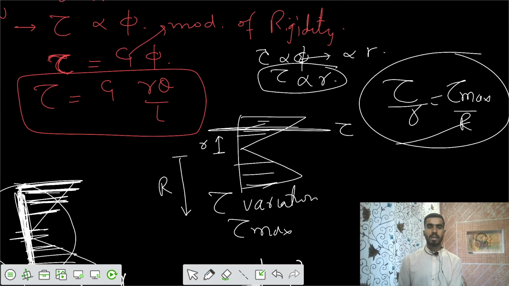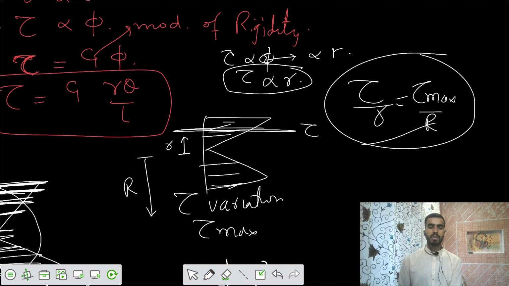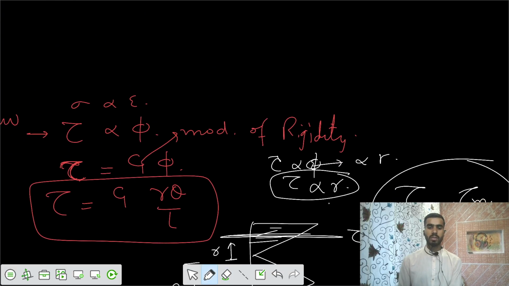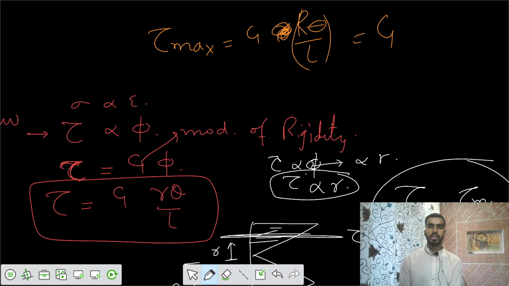Now one more thing: we got the value of tau equals G times r theta by l. So what is the value of tau max? Tau max equals G times r theta by l, but r should be the value of capital R. So R theta by l is also G phi max, because shearing strain equals some radius into theta by l.